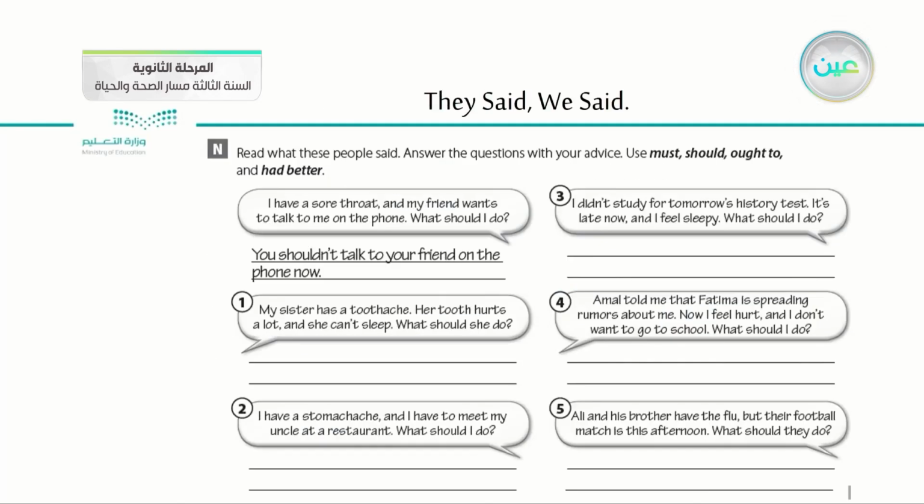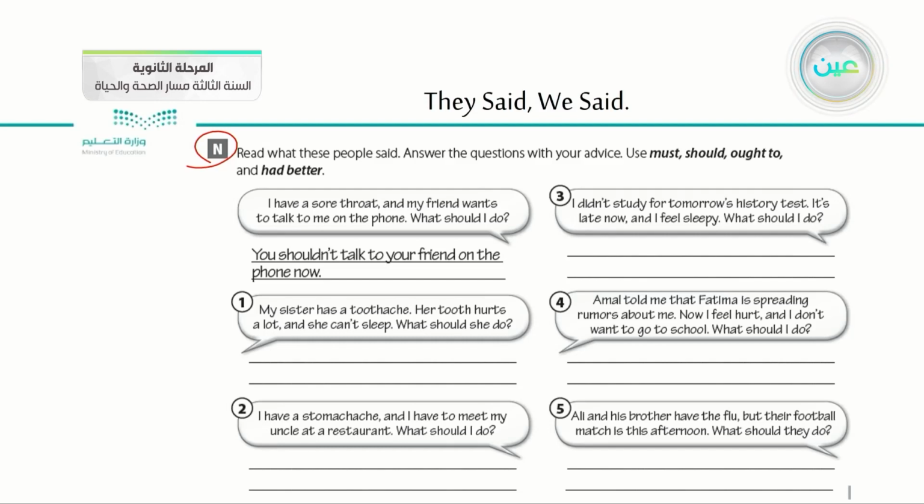Now we will go to the last part in our lesson today. Go to the workbook on page 48. We have exercise N. In exercise N, we have a list of things that we need to give advice about. Read what these people said. Answer the questions with your advice.